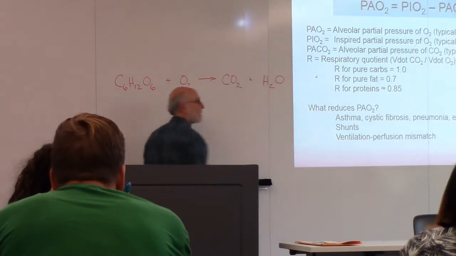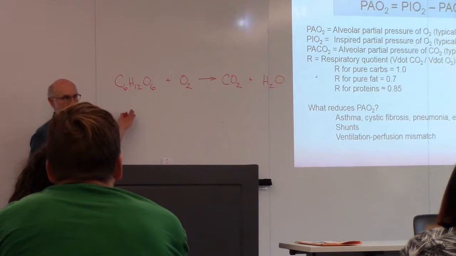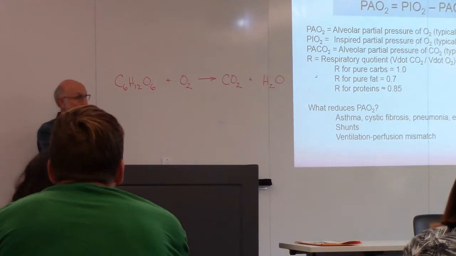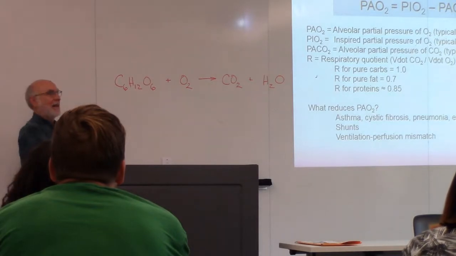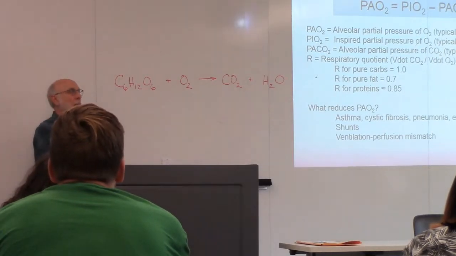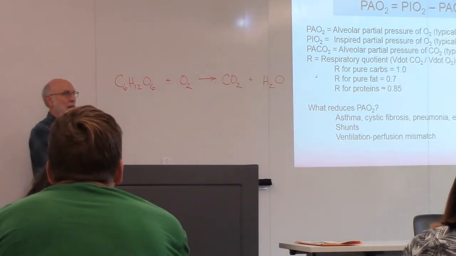This is not yet balanced, but this is the complete oxidation of glucose. This is what they're learning down the hall in Self-Phys right now. Some of your friends might be struggling with this as we speak. Let's balance it. Some of you may already have memorized the numbers that go in front of these.